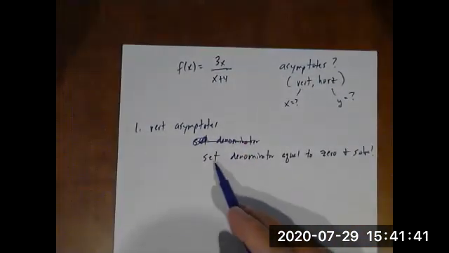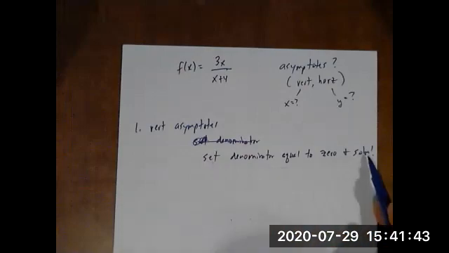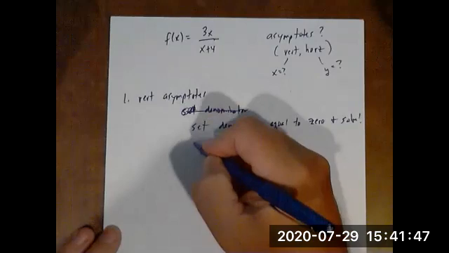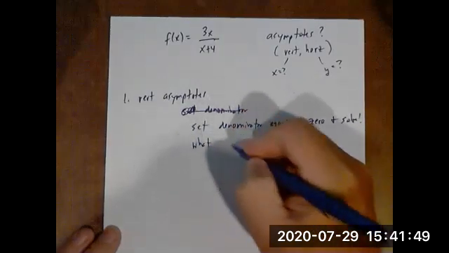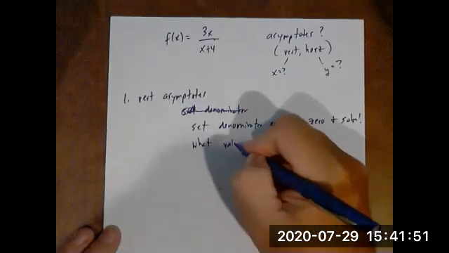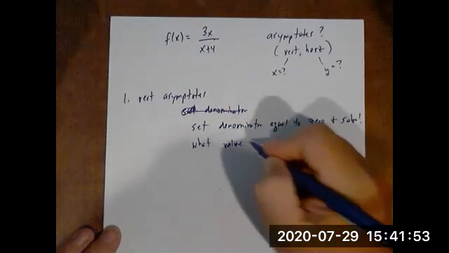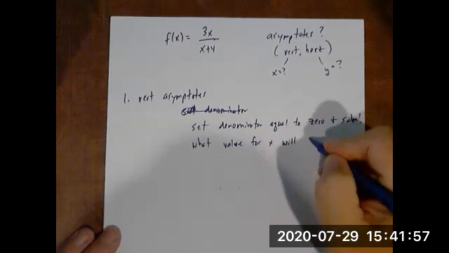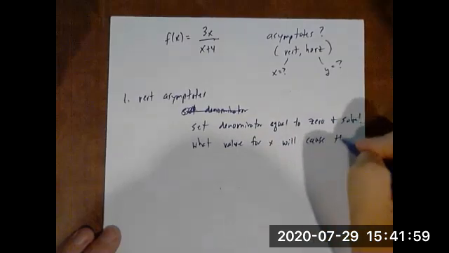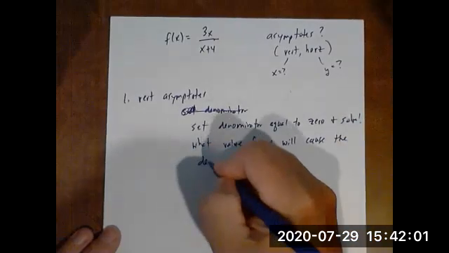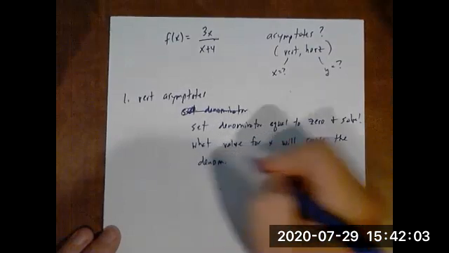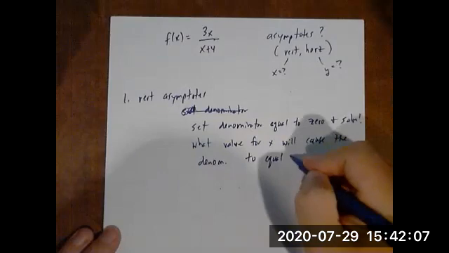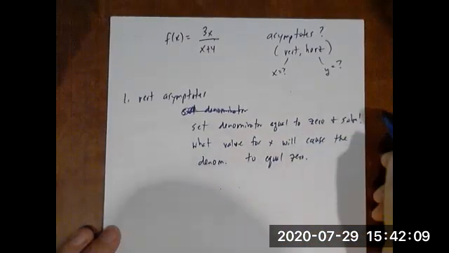When we say set the denominator equal to 0 and solve it, another way of saying that is, what value for x will cause the denominator to equal 0?